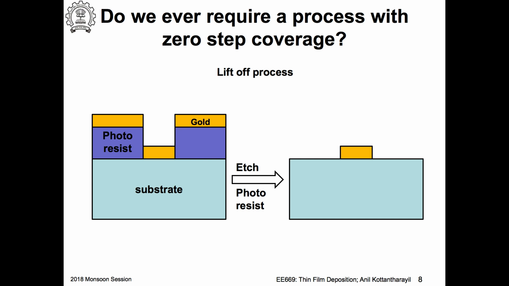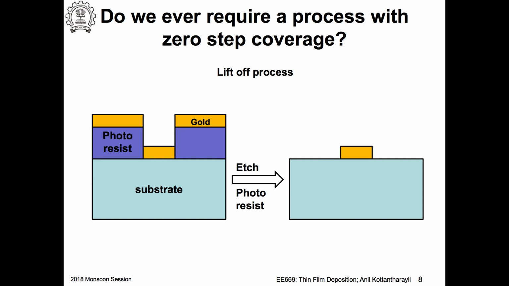Now if I etch the photoresist, what would remain? This would be gone. This would also be gone. So I'll end with a wafer which has only this. So if I am now etching the photoresist, right?